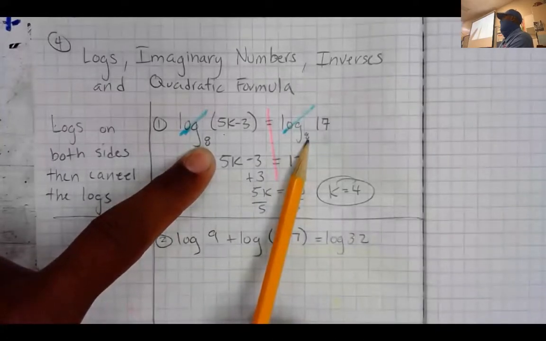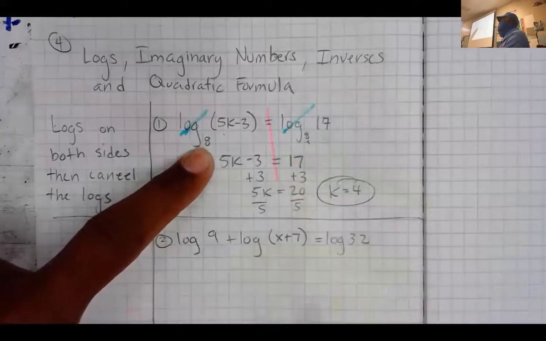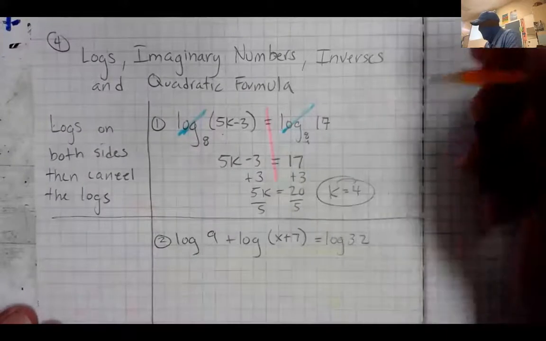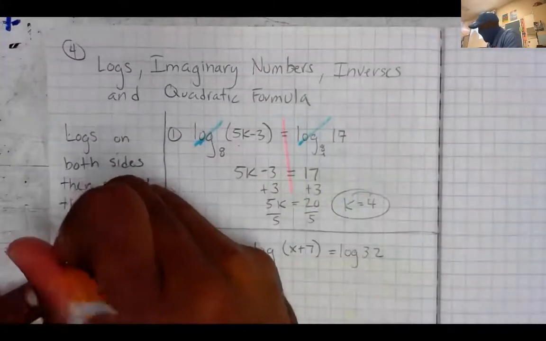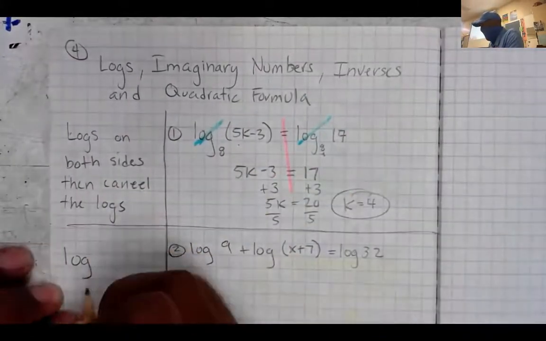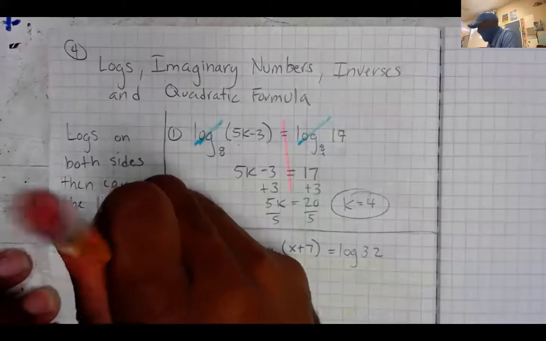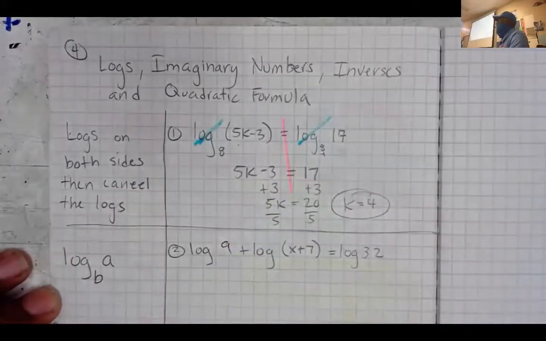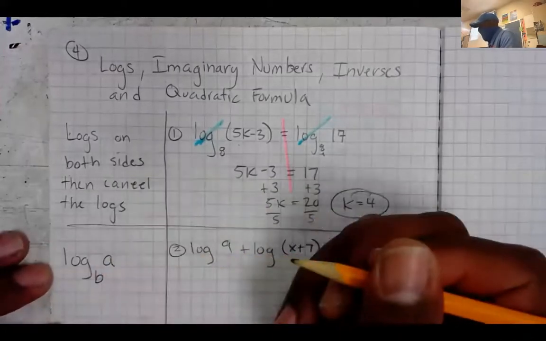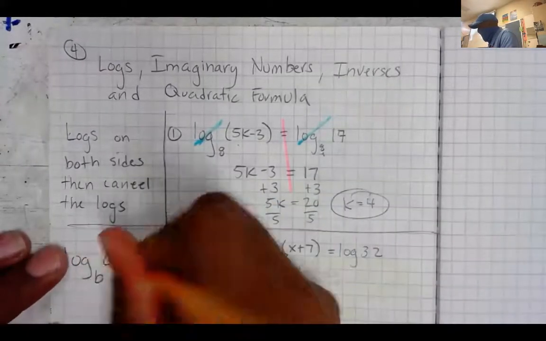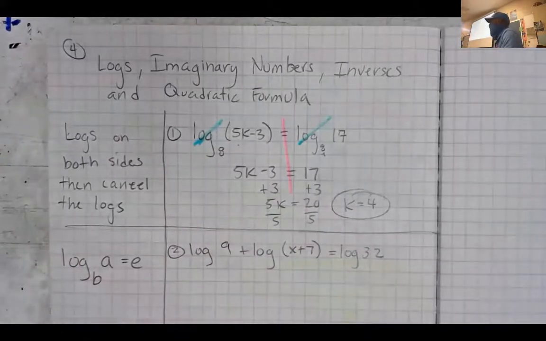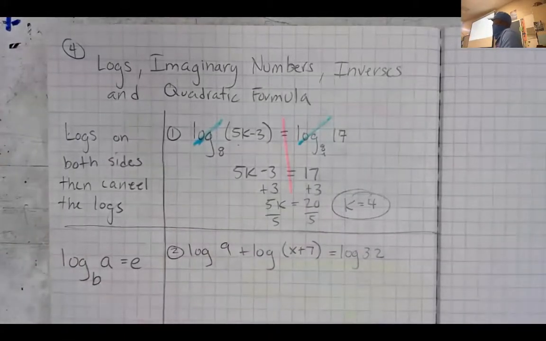What's that little number called? Well, let me write in what it is. So log, that number on the bottom, we call the base. It's the B. Then the number attached to it is your A. And then if it was equal to just one number, that's the exponent.